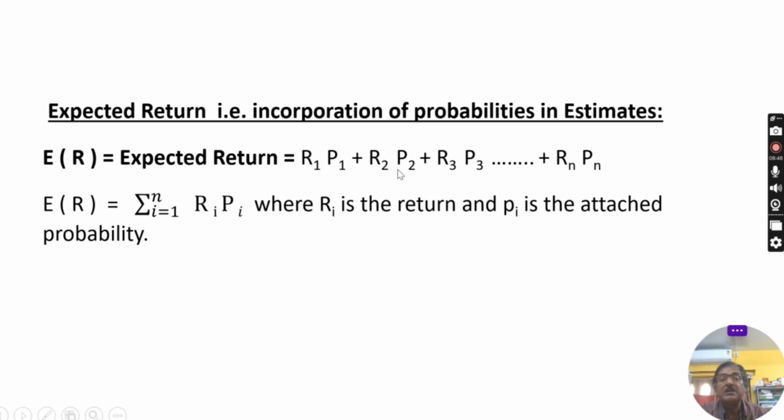P2 is the probability for R2 percentage of return to happen, and the expected return will be this. This is the formula. In this case we will not say average, as it is not deterministic, it is probabilistic. That's why it is called expected return.